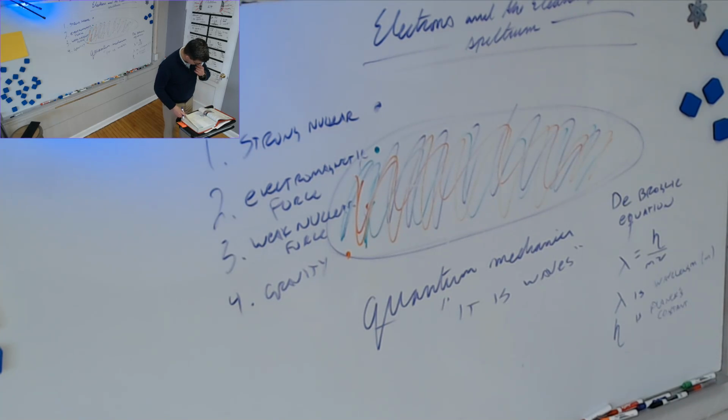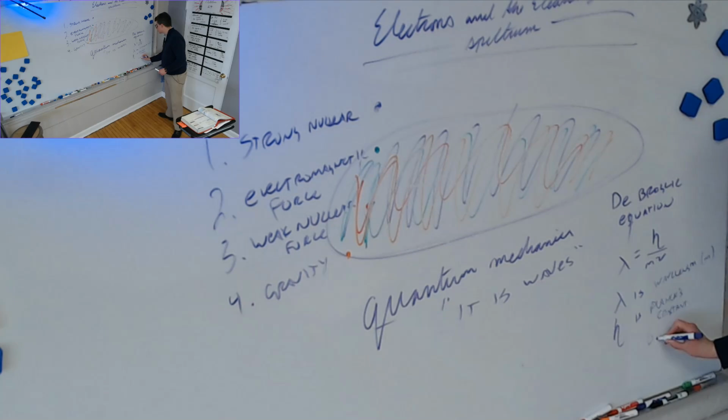I'm trying to look it up in the book to make sure I haven't lied to you. Oh, 6.626 times 10 to the negative 34th joule seconds. Sorry. So this has a known value, not just a unit, but a known value that you have to have memorized. 6.626 times 10 to the negative 34th joule seconds.